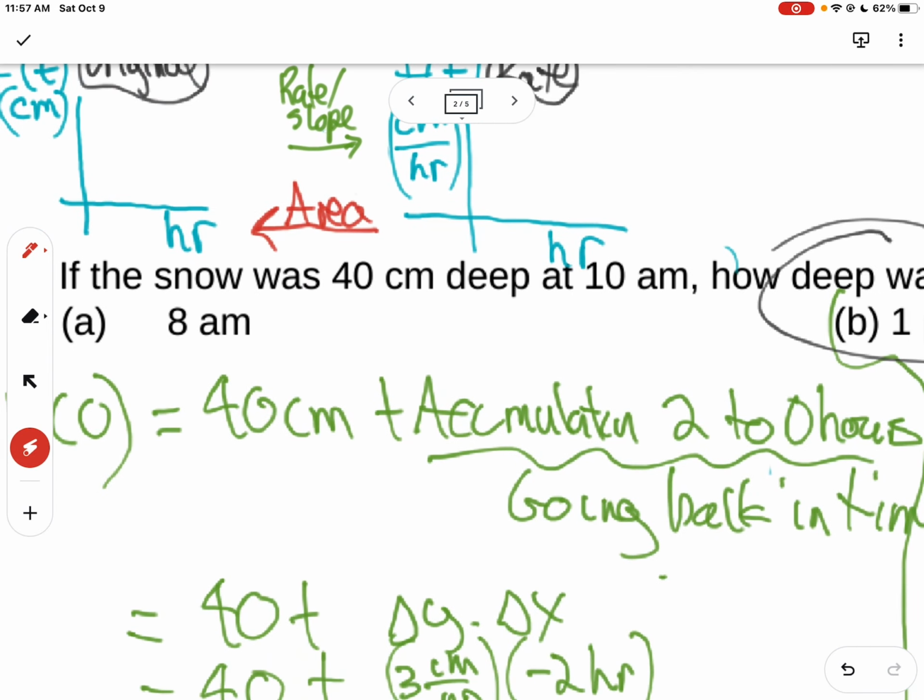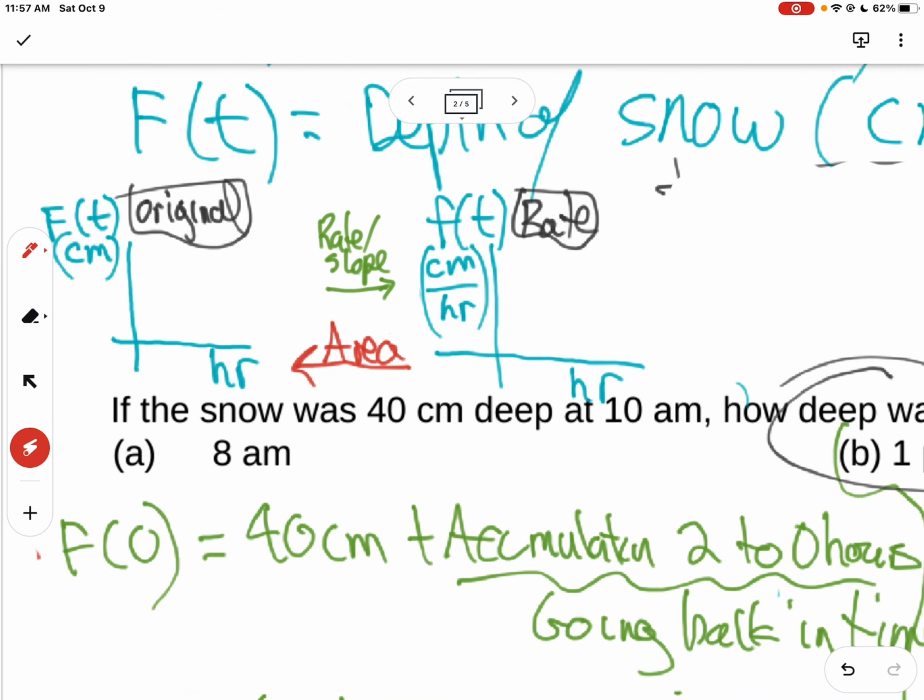Okay, so what is this 40 centimeters given our notation? So first of all, centimeters. Does centimeters go on the original or the rate graph? Well, obviously, 40 centimeters goes on the original, and that's at 10 a.m. 10 a.m. is t equals 2.